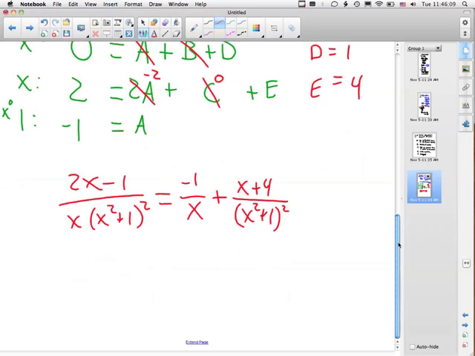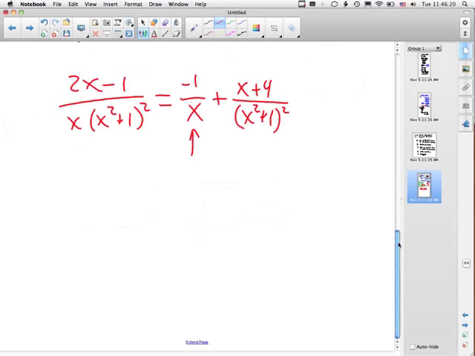So if we were going to integrate, now we would just integrate this one, which is going to be negative log of the absolute value of x. And then we'd have to figure out how to do this one.